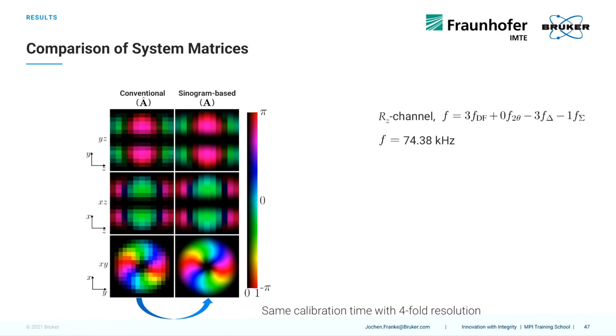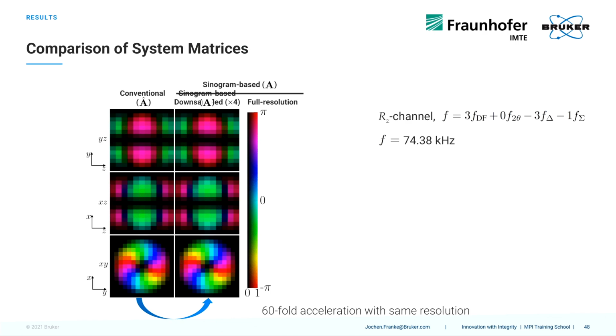What you can see, these are quite similar in Y and Z, X and Z direction, and in XY direction. Is there a difference? Yes. So we have the same calibration time, but a fourfold of resolution in the XY plane.